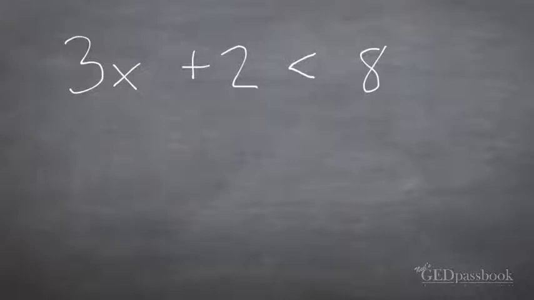What is an inequality? An inequality is a mathematical statement that connects two unequal expressions. What does that mean? That just means if we were to solve this, well, I don't want to solve it just yet. Well, yeah, let's solve it.